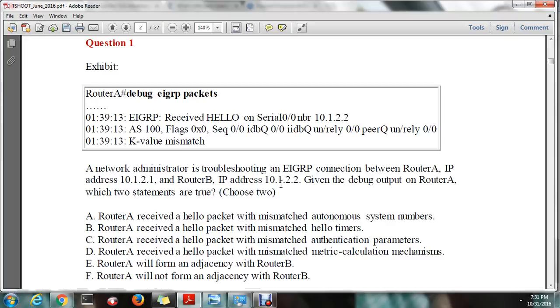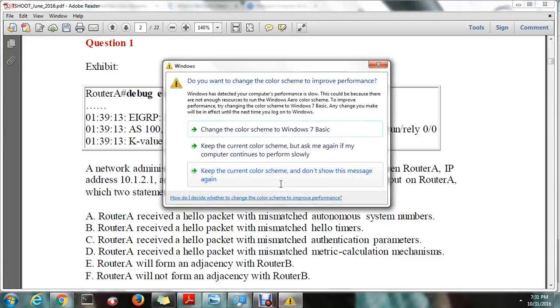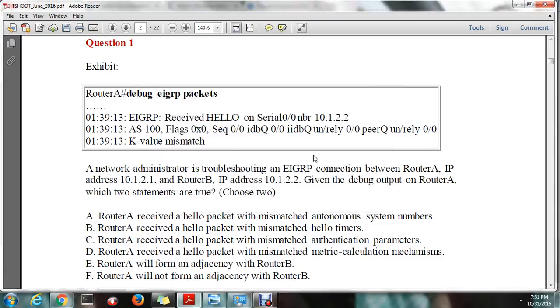It denotes there is a router A, and you executed the command debug EHRP packets. You are getting some outputs while executing this command. That is received allow on serial 0/0. This is the neighbor interface which is connected towards router B, where the interface IP address is configured as 10.1.2.2.